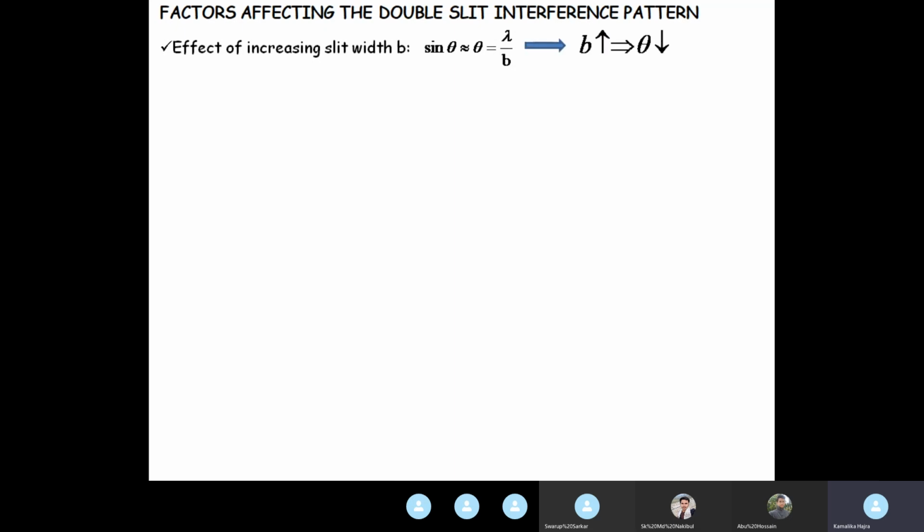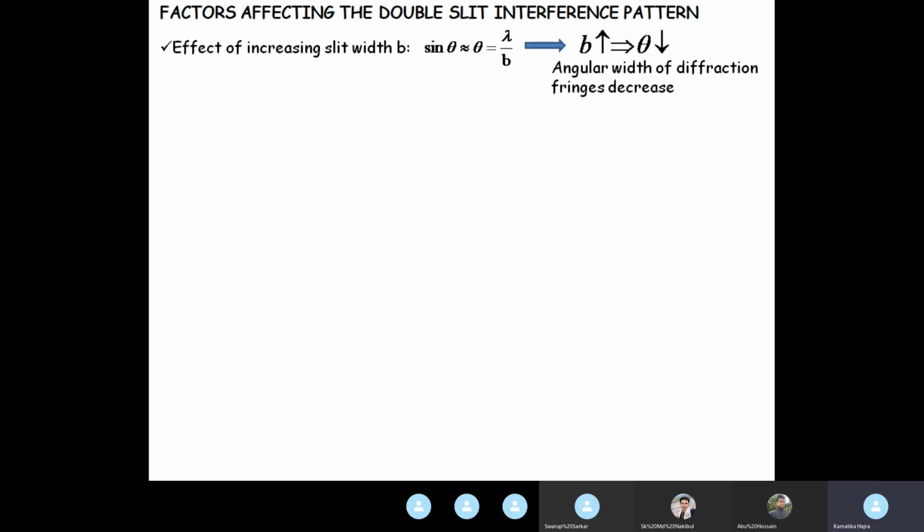So if b is increased, then theta is decreased. What does that mean? The angular width of the diffraction fringes decrease. Angle between two consecutive minima decrease means the spread of the maxima that is in between, that reduces.